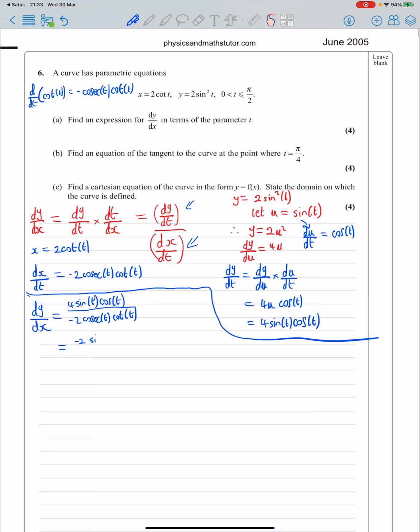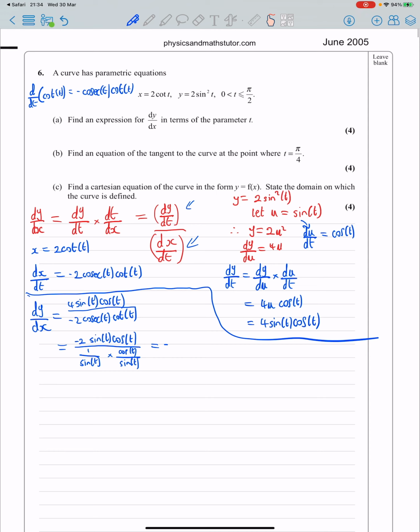We've got sine t cos t, all divided by the cosec t, which is 1 over sine t, and we've got cot t, which is cos t over sine t. Now, simplifying that, dividing by 1 over sine is like multiplying by sine. So you've got that twice, the 1 over sine t and the cos t over sine t.